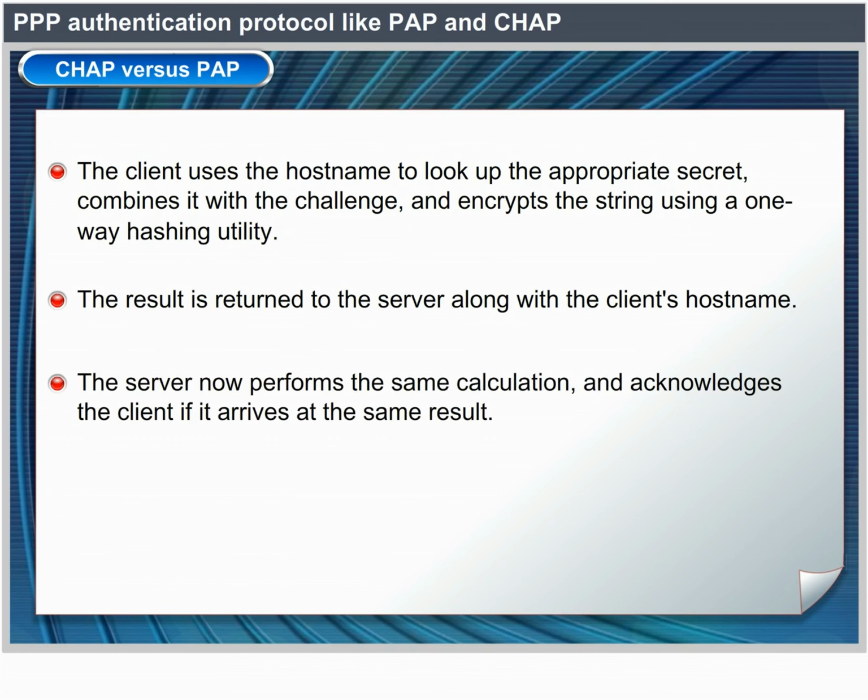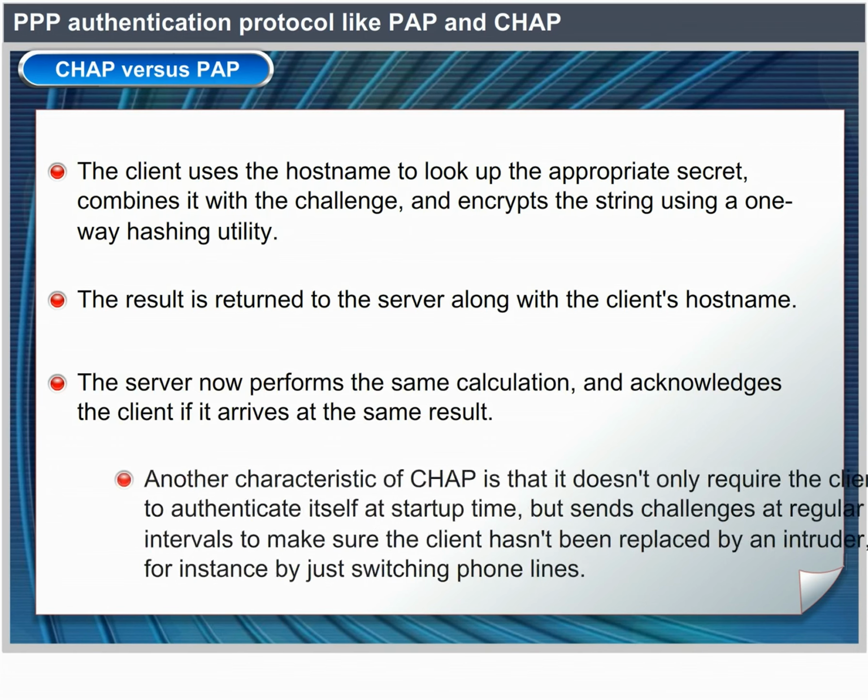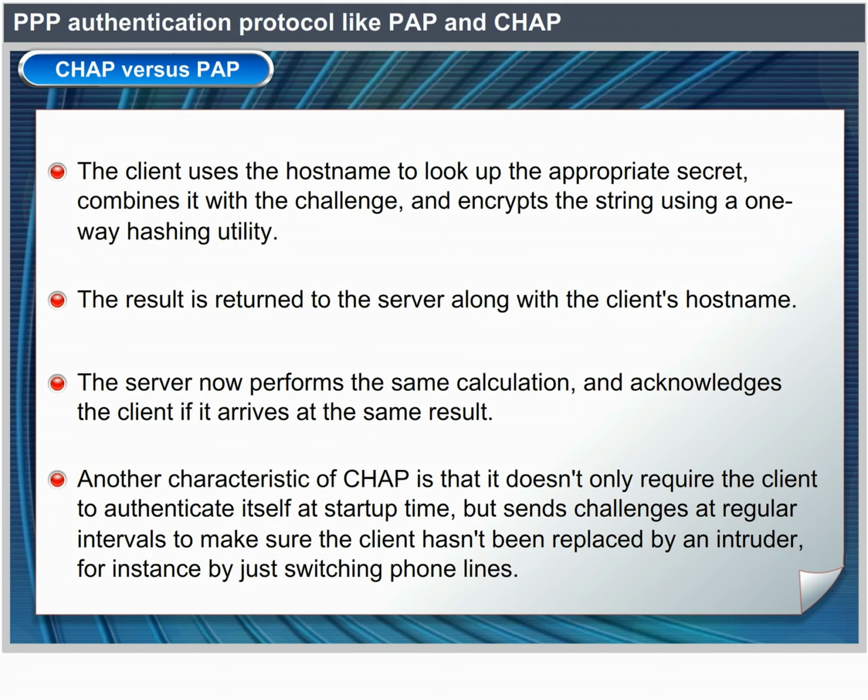Another feature of CHAP is that it does not only require the client to authenticate itself at startup time, but sends challenges at regular intervals to make sure the client hasn't been replaced by an intruder, for instance, by just switching phone lines.